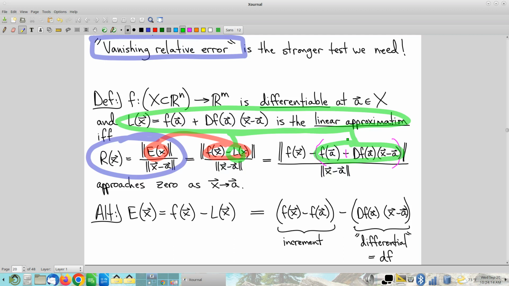So again, that's all this is. This great big scary looking expression is just a fancy way of saying I'm going to look at relative error and I want to require that to approach 0. So that's where differentiability comes from.